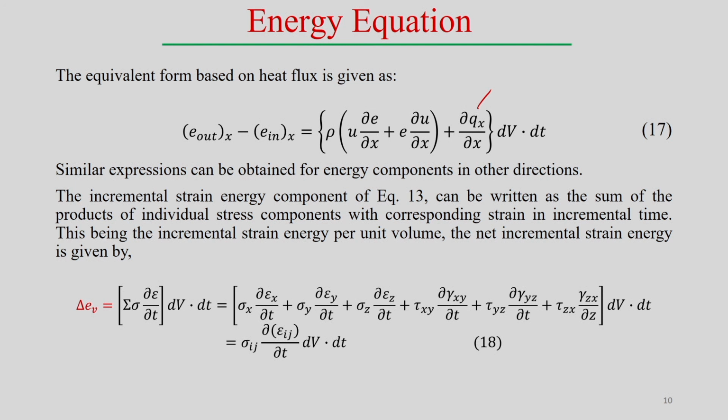So, over the incremental time dt, we can consider the incremental strain energy. This being the incremental strain energy per unit volume, the net incremental strain energy can be given like this: summation of sigma, the stress state, and del epsilon, the strain, over del T.